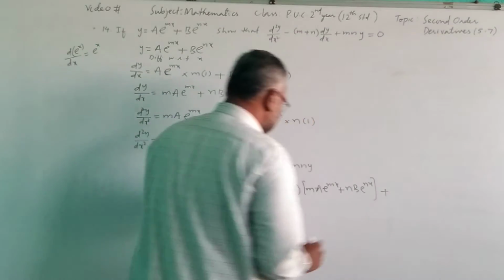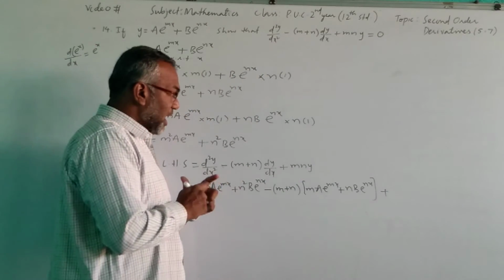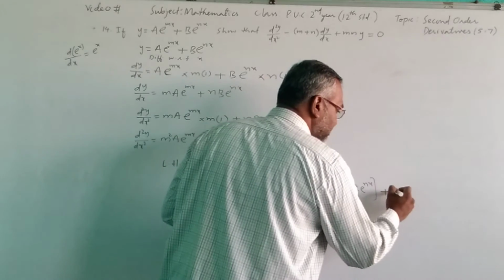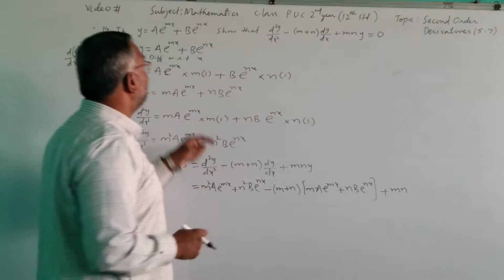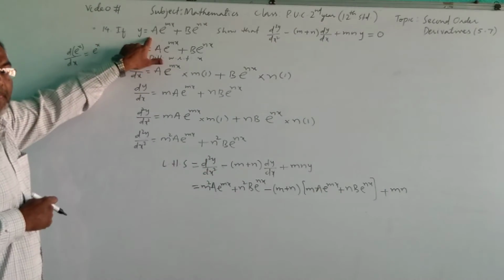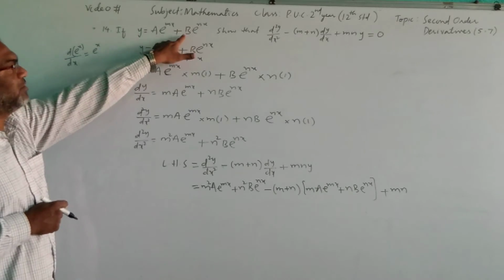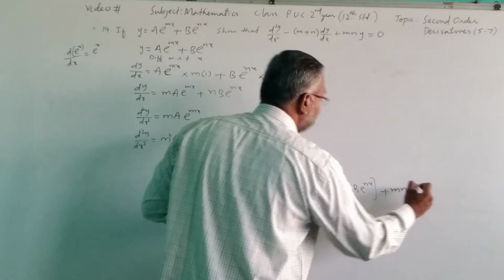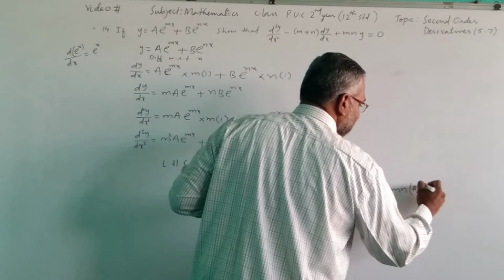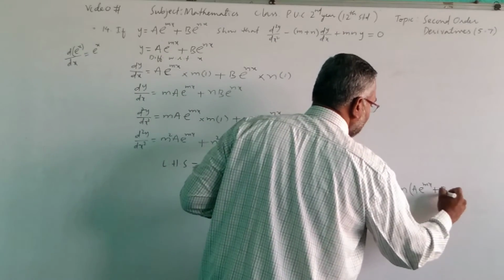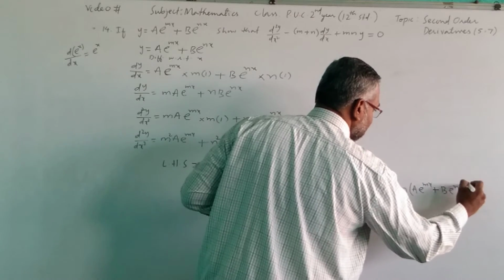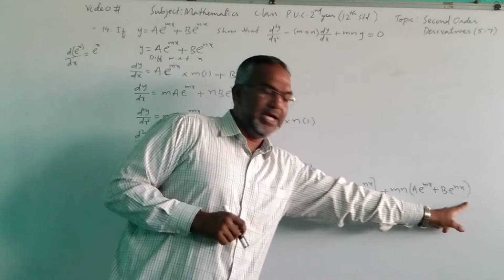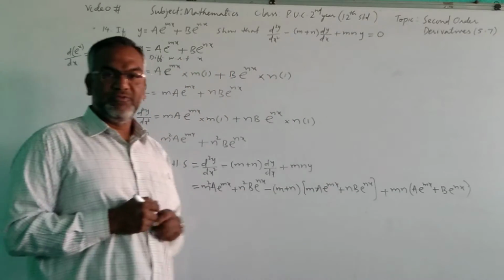Plus mny. What is the value of y? y is given in the question. y is a e to the power of mx plus b e to the power of nx, right? I write it: a e to the power of mx plus b e to the power of nx. This is y. mny. We wrote it.